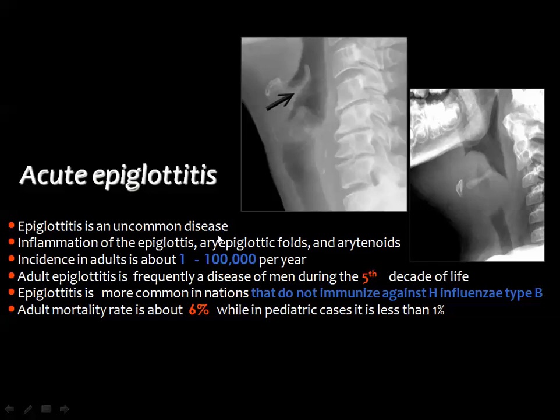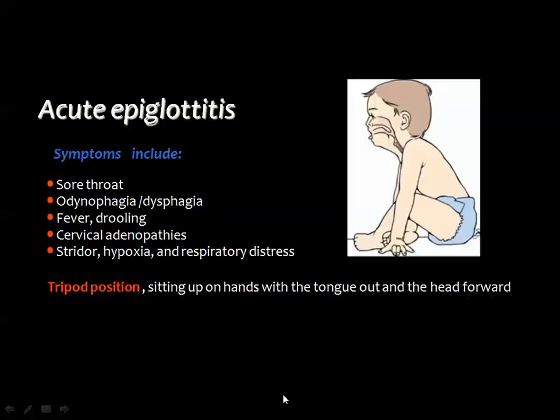This is the normal appearance of the epiglottis in the lateral X-ray of the neck. And you see the size of the epiglottis, the preservation of the pre-epiglottic air and the retroepiglottic air. But here, when the epiglottis is diffusely swollen, it will obliterate the air column both anteriorly and posteriorly, as you can see here.